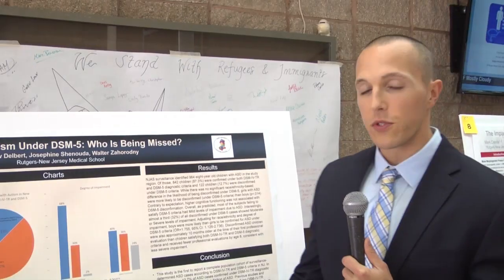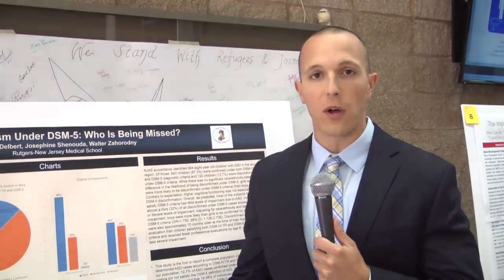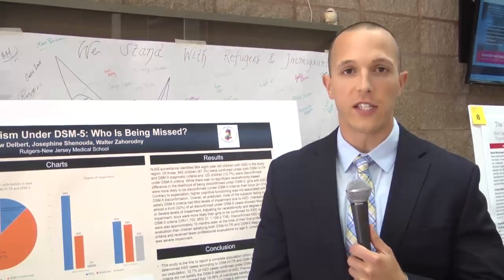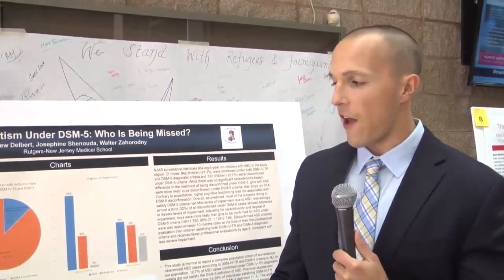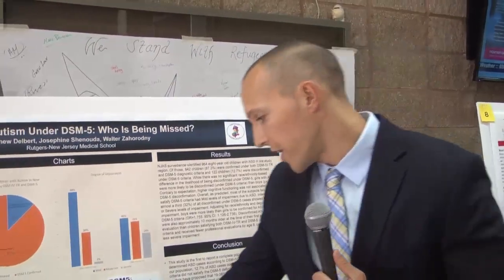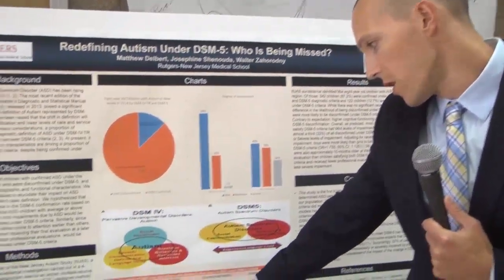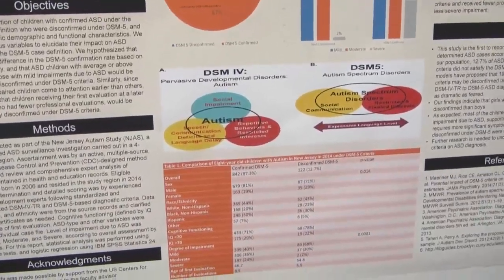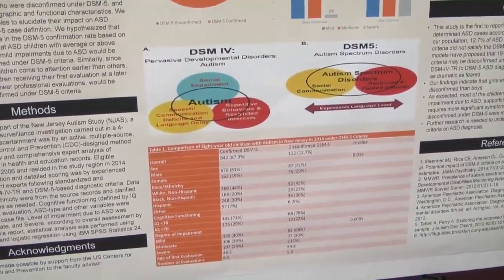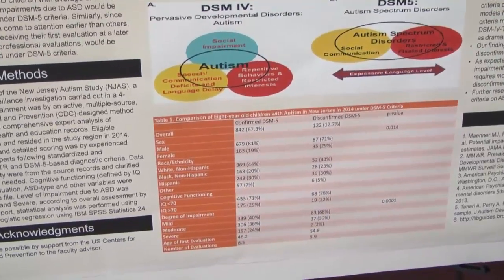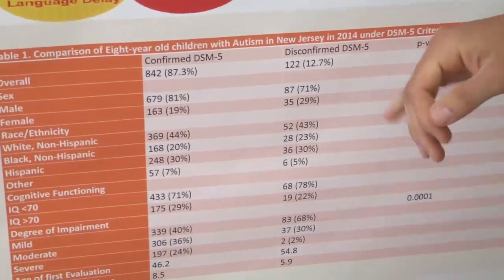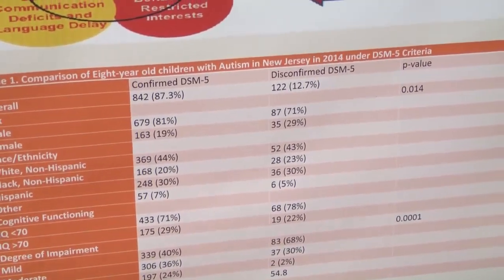And of those 900 plus children that they identified as qualifying for autism under DSM-4, we found that right down here, 87% of those children were also confirmed under the new DSM-5 definition, but only 13% were not confirmed under DSM-5.